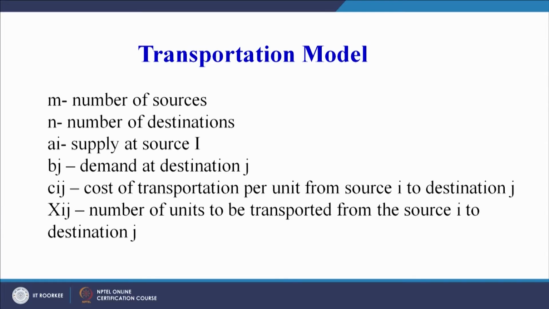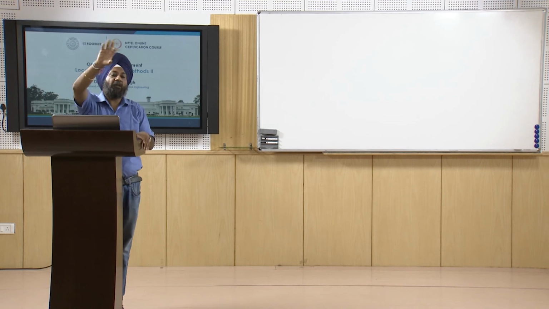We can have a specific transportation model also. Here in the generic model we have m number of sources, m number of factories, and n number of destinations, maybe n number of warehouses where the product is going after being manufactured in the manufacturing plants.